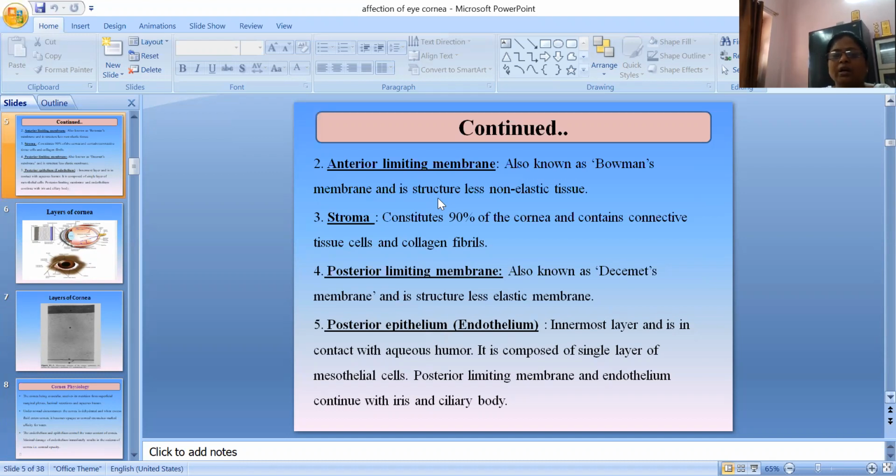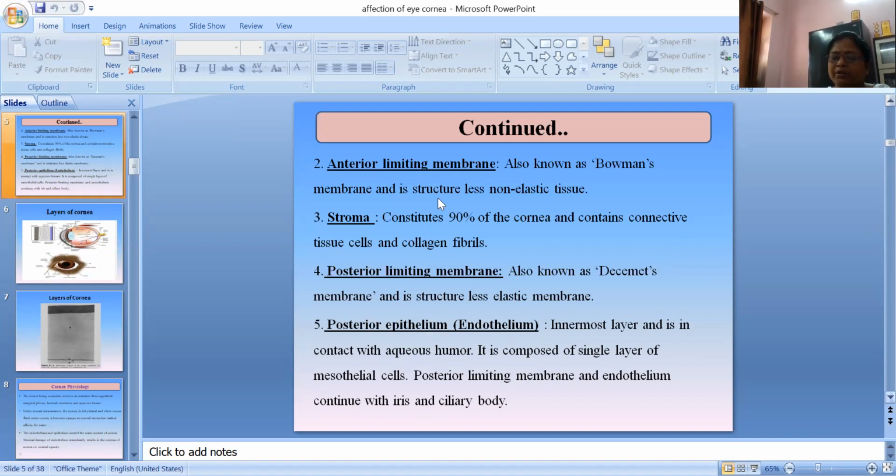The third layer is the stroma, which constitutes 90% of the cornea and contains connective tissue cells and collagen fibers.